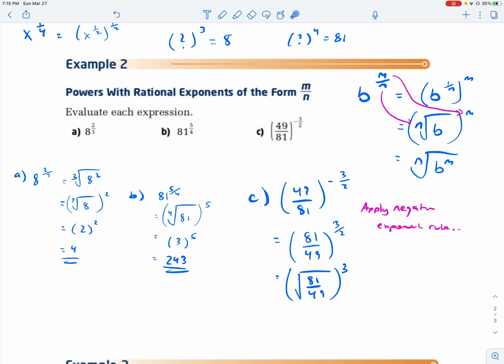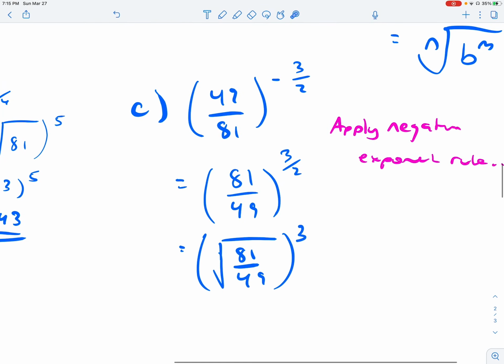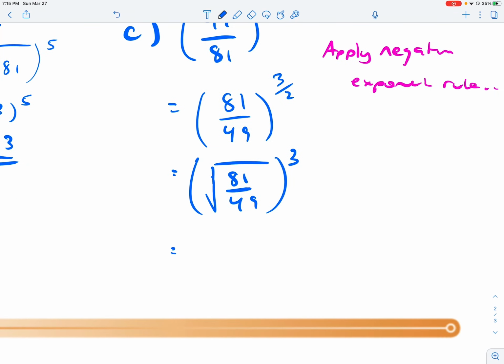You might say, well, Mr. A, you forgot to write the 2 here. I actually didn't forget. We've never written the 2 here whenever we do the square root. Whenever you don't see a number for the index, it's assumed to be a 2. You can always do that from now on. The square root of 81 is just 9. The square root of 49 is 7. Cube all that. That's not too bad. 9 cubed is 243.